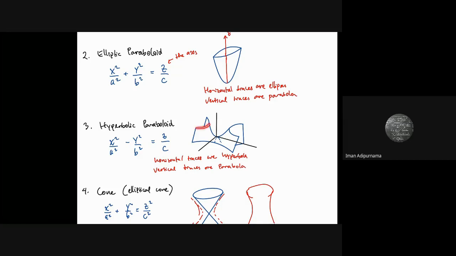Hyperbola is here, here, and here, and also here. And this is the parabola here. It's from x squared equals z. And this is negative y squared equals z.